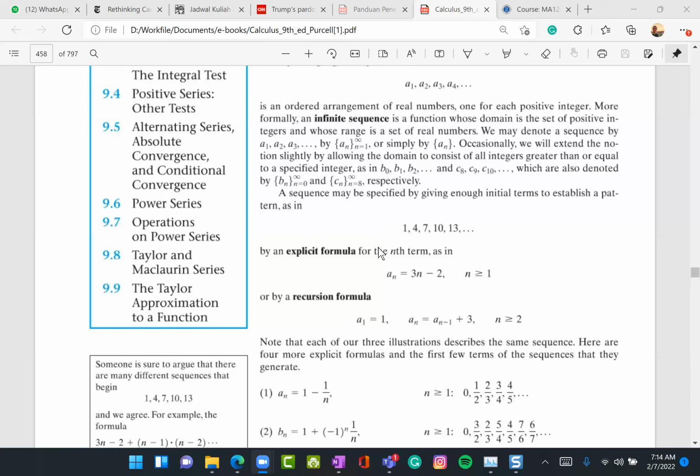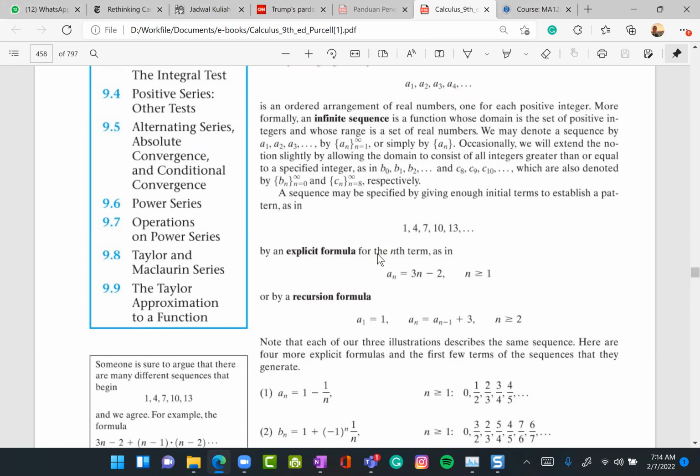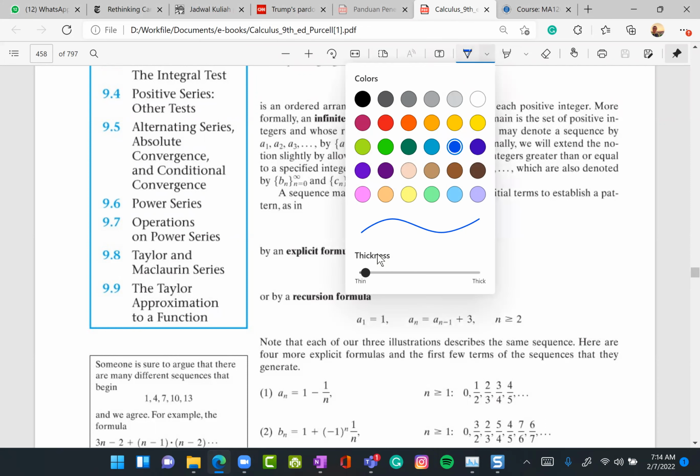One example, you might know the term, but let's see if you recognize this one.